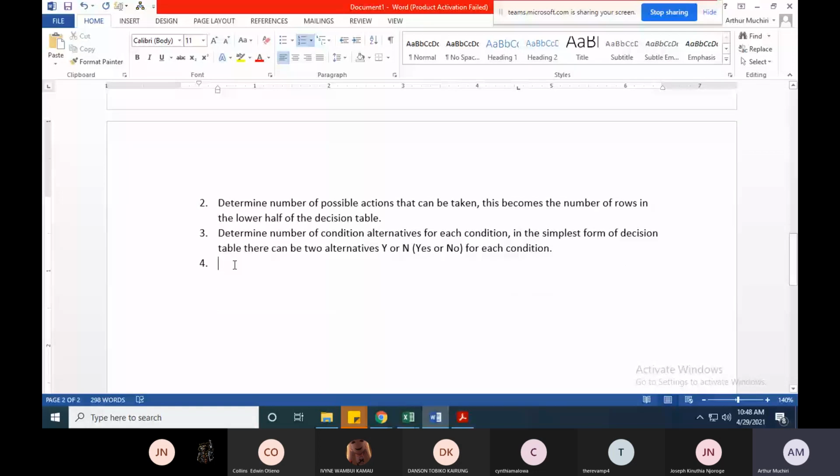Then the next one, number 4, calculate the number of columns. This is very key.